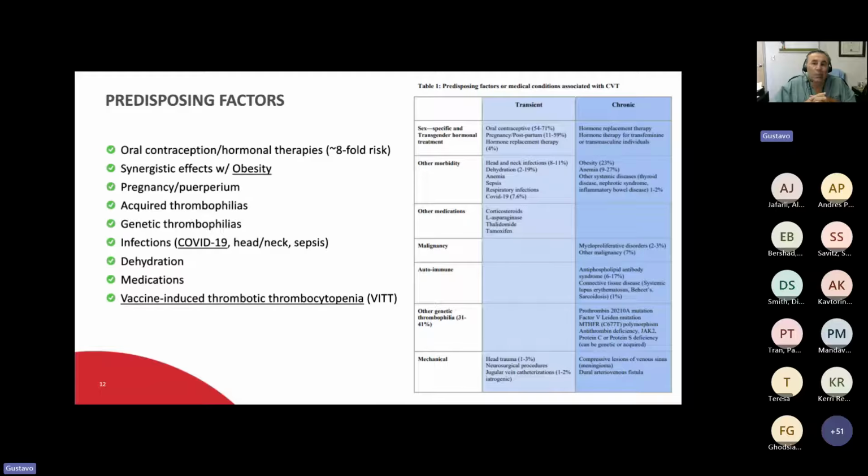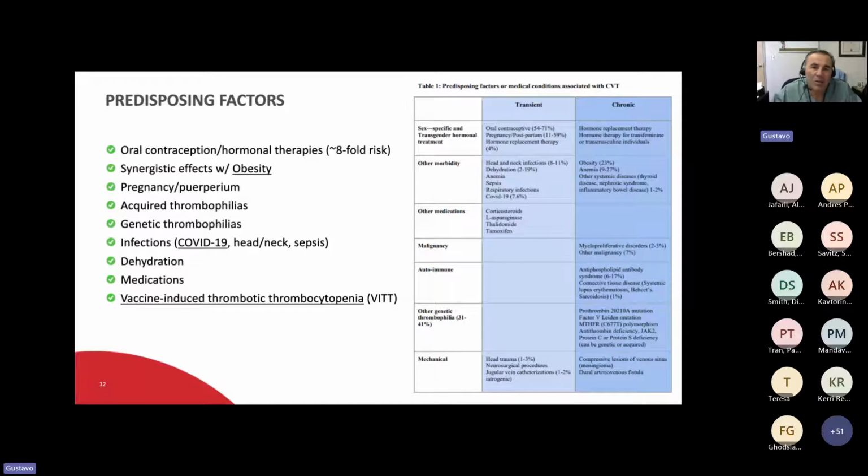Transient and provoked, for example, the hypercoagulable state associated with oral contraceptives or pregnancy. Those are good examples where, when you remove the trigger or the potential trigger, the risk may go down. So these are some of the examples.